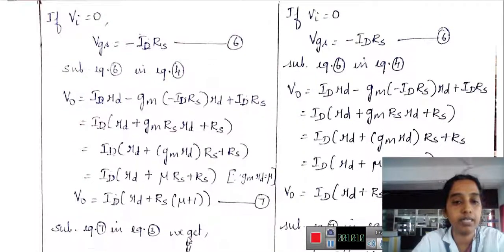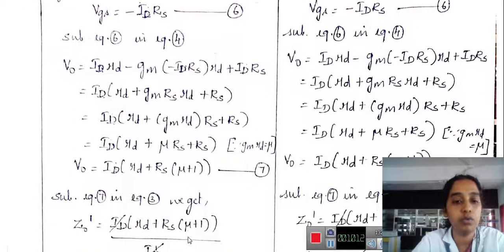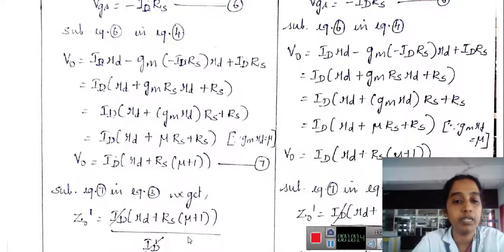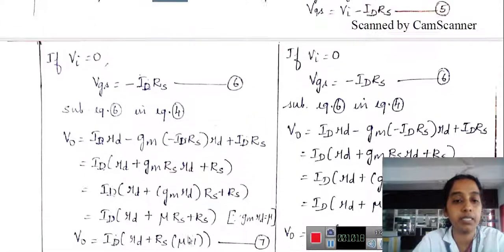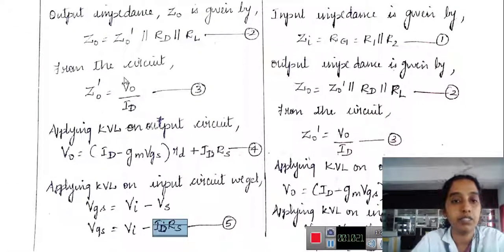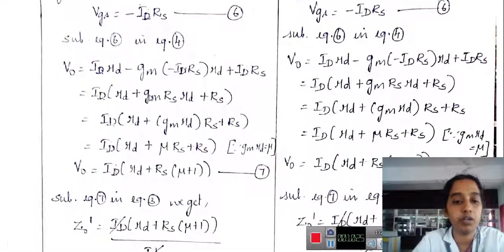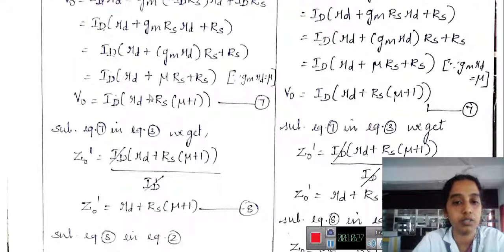So we calculate the V0 value, and now I need to substitute this V0 in equation number 3. So Z0 dash is equal to V0 by ID. Substituting the value of V0 in Z0 dash, I get small rd plus Rs into amplification factor plus 1.